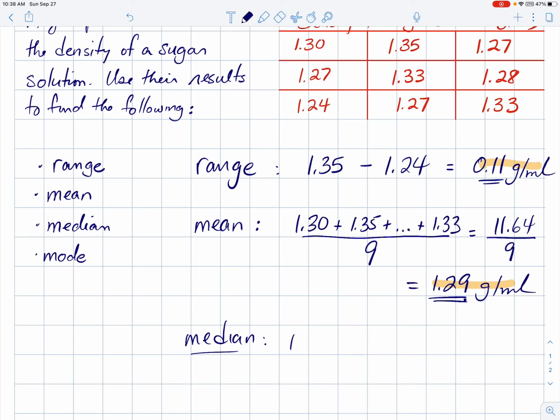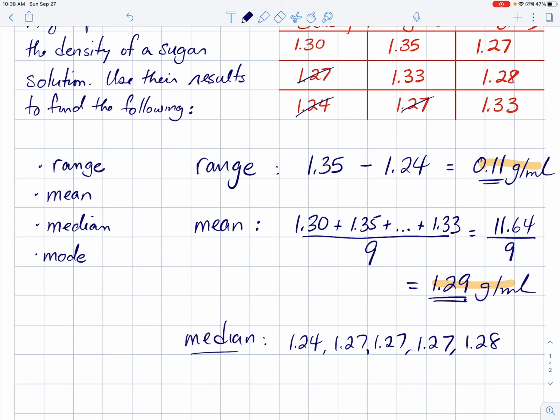So my smallest result up above was 1.24. Then we have a 1.27. Looks like we have 1, 2, 3 of those. 1.27, 1.27, 1.27, we have a 1.28, and then we go up to, let's see, let's cross them out so I don't forget which ones I've used.